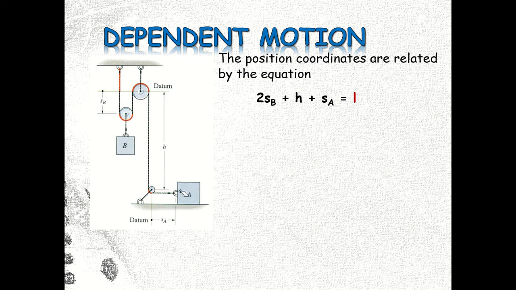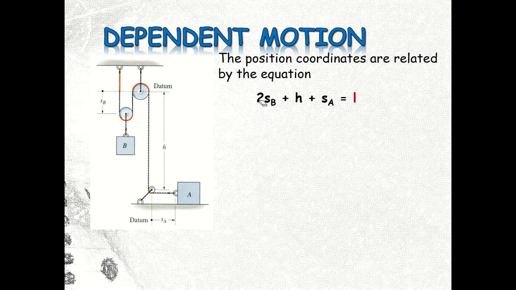So when the block moves, the pulley goes down, which means this SB is variable. This height will vary, and take note that this length of the cord and this length are just the same, so that's why we have twice.